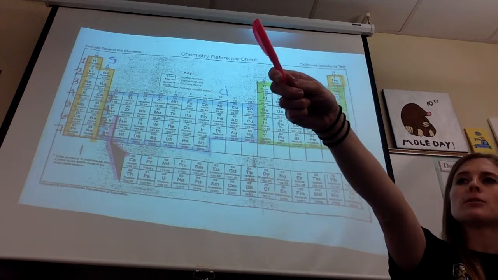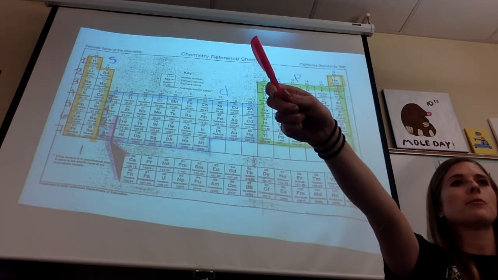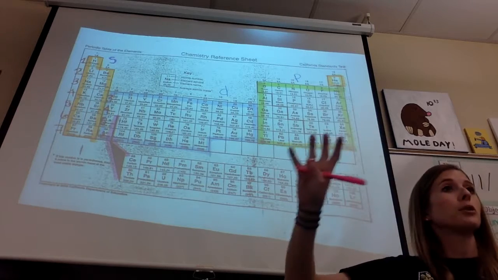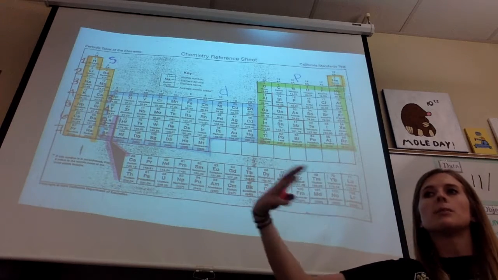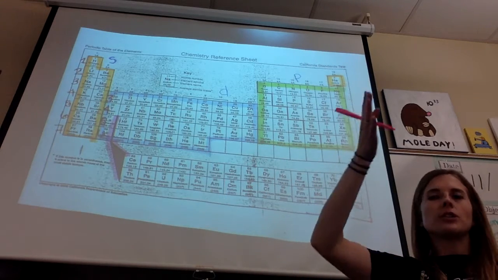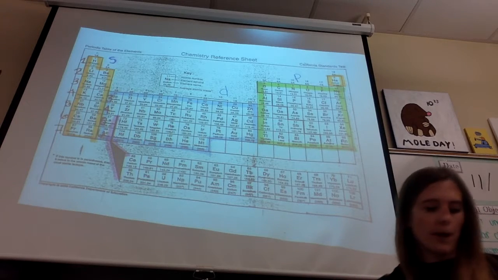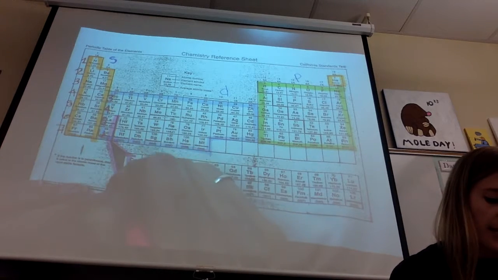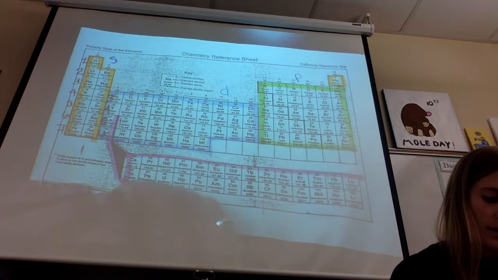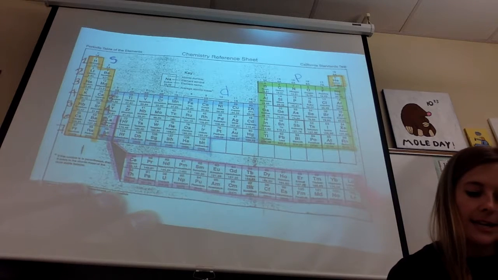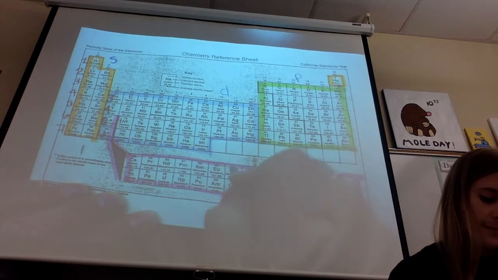If you look at my middle cabinet, there is a periodic table where I've cut it out and put it all together the way that it should be, but it's really, really long. So they just take that middle section and put it at the bottom. This middle section right here is the F block.